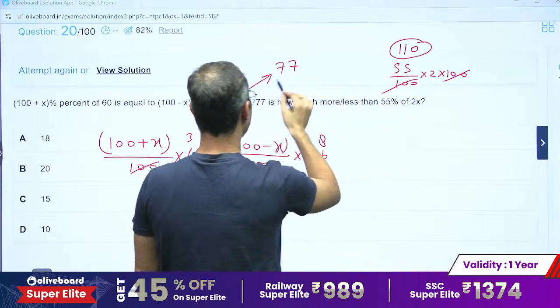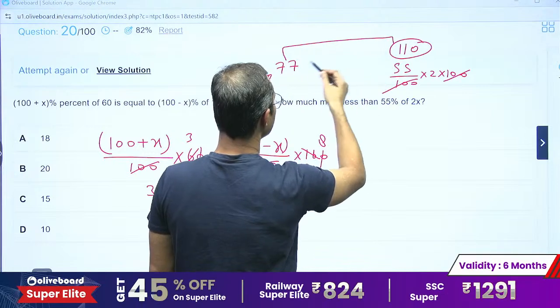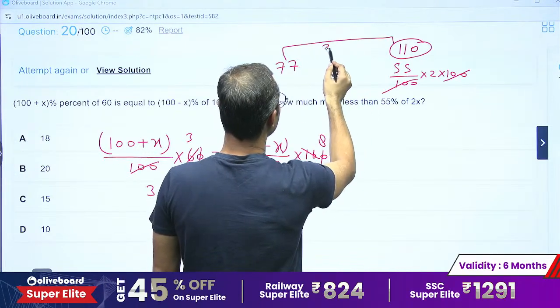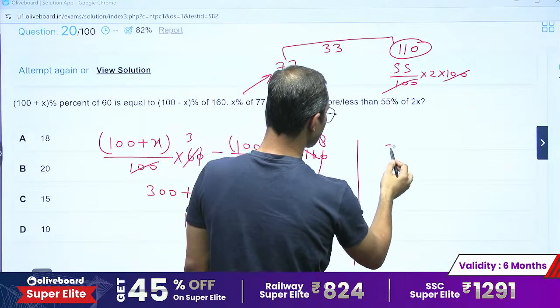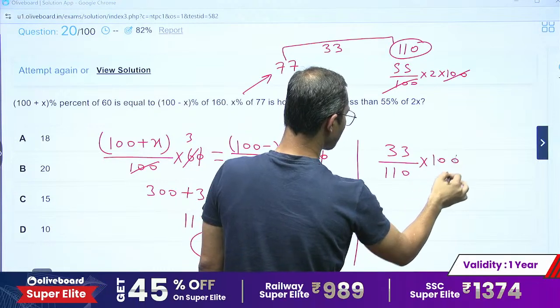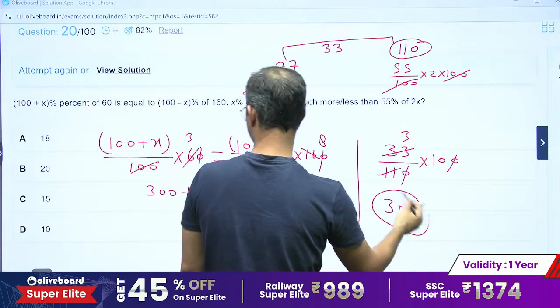So the question is, 77 is how much more or less? Now it is less. How much less? It is less by 33, right? So we can say that it is less, 33 out of 110 into 100, right? So we can say that 30% less, right?